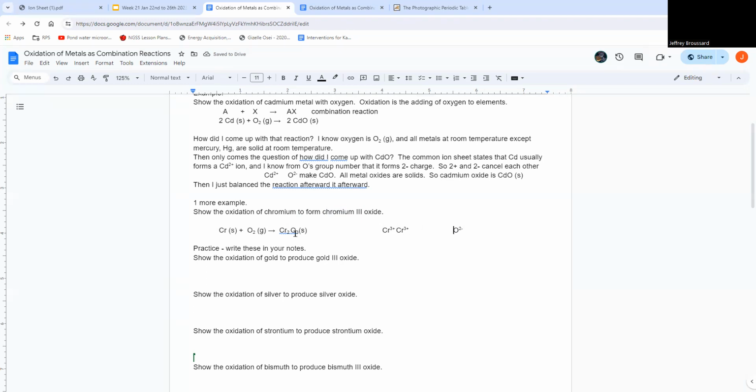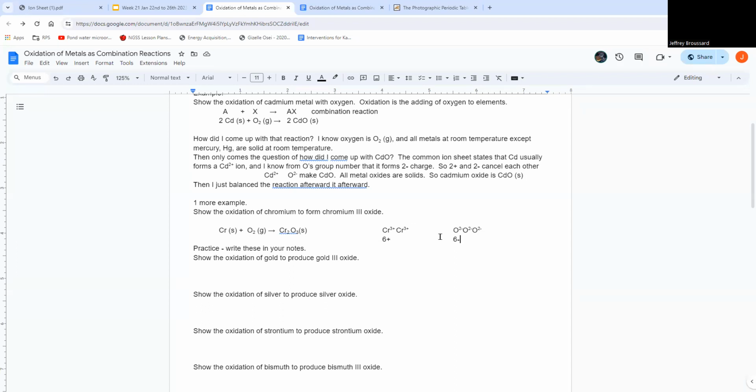And this says I have 3 O's, each with a 2 negative. Now, this has a grand total of 6 positive, and this has a grand total of 6 negative. 2 negative, 2 negative, and 2 negative is 6 negative. 3 positive and 3 positive is 6 positive.